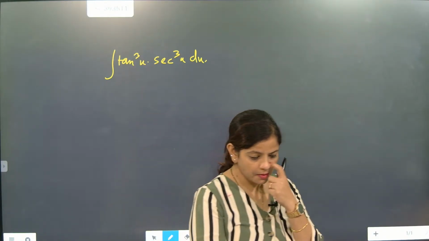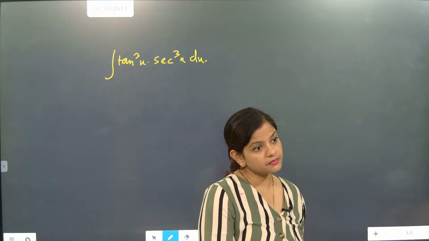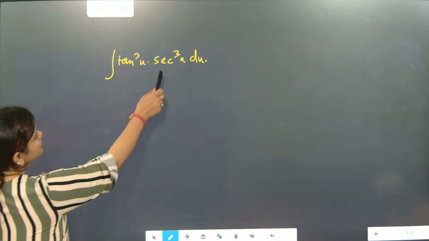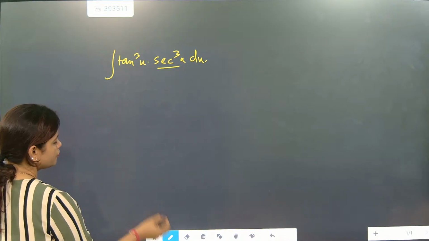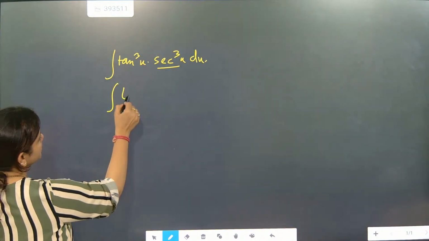Can I solve? See, look here, whenever an odd degree is given, this is the biggest group for you. So the first work is, we will take this one. Tan cube x secant cube x is there.